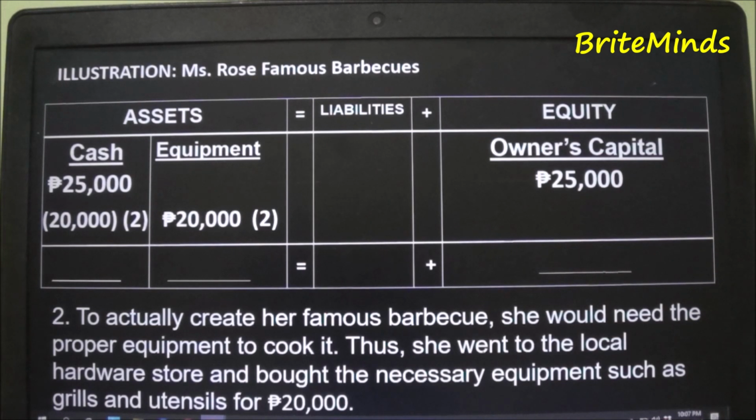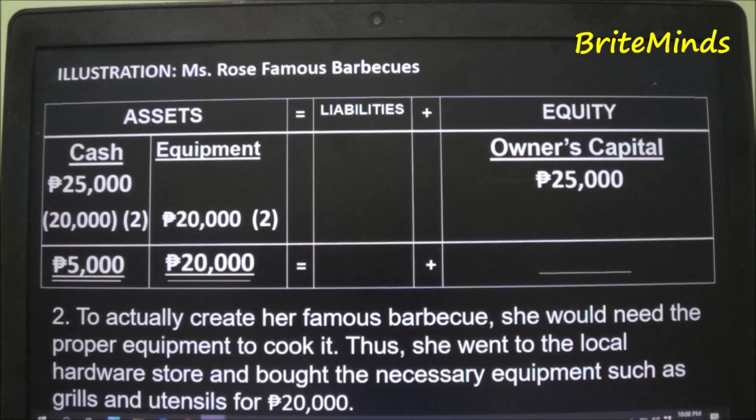Okay, so in our accounting equation, we can see that the left side of the accounting equation is the only one affected. And then tally: 25,000 pesos less 20,000, so the remaining cash is 5,000, and equipment 20,000.